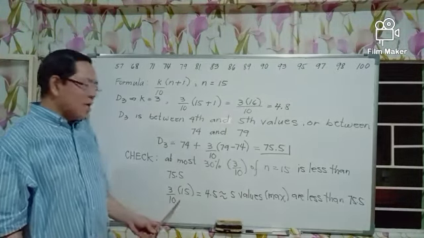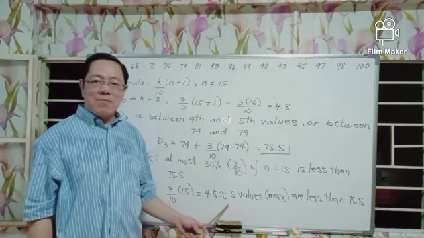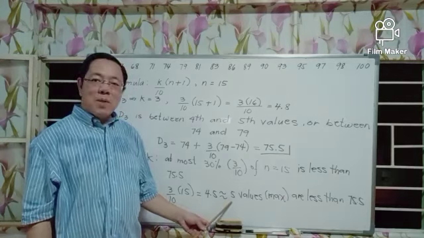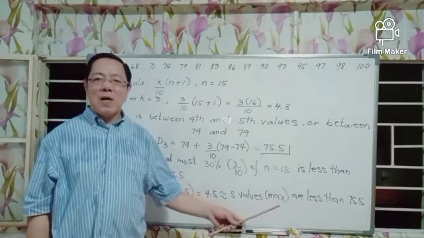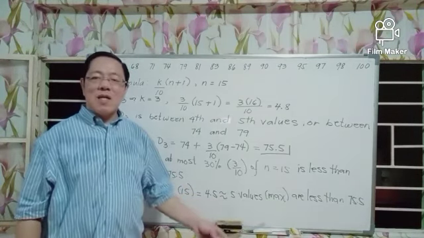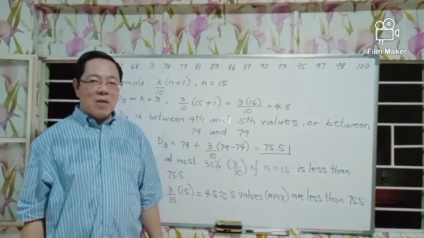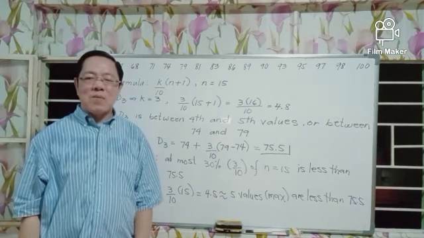A maximum of 5 values is less than 75.5, the third decile. This means that you can have 5 or 4 or 3. That is what is meant by at most 5.